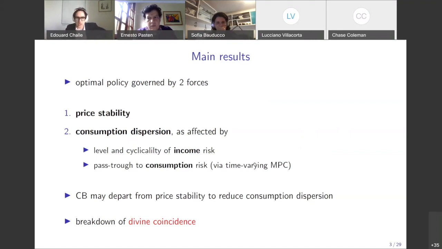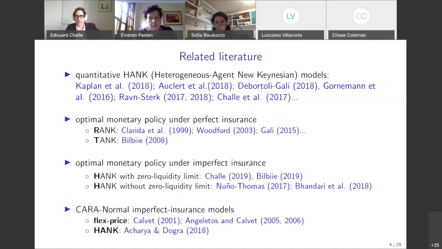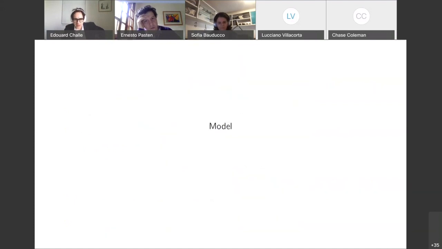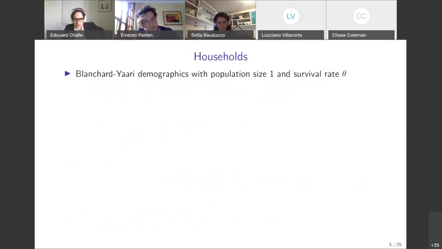That's the key part, and I'm going to tell you more about the directions in which this is tilting optimal policy relative to the representative-agent case. So if you're okay with that, I'm going to skip the literature and come back to it at the very end of the talk, and I'll jump straight into the description of the model.